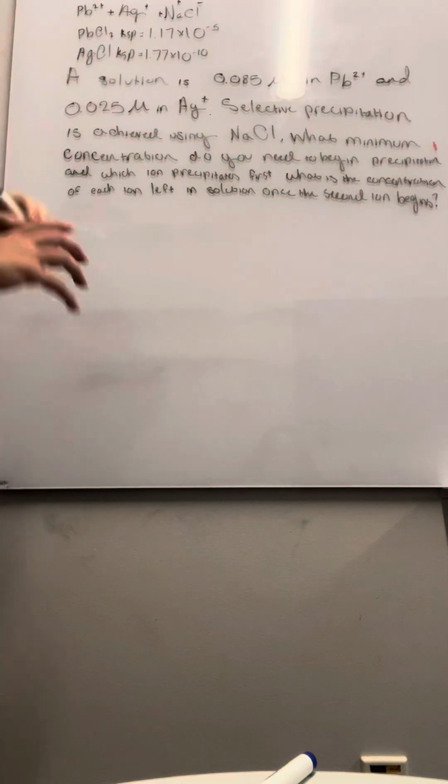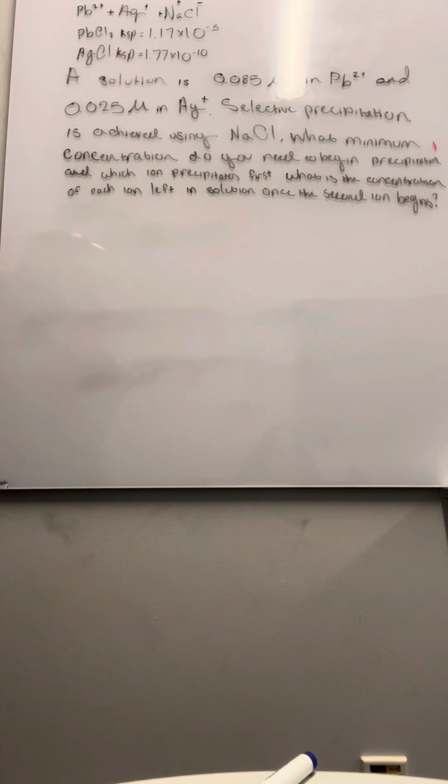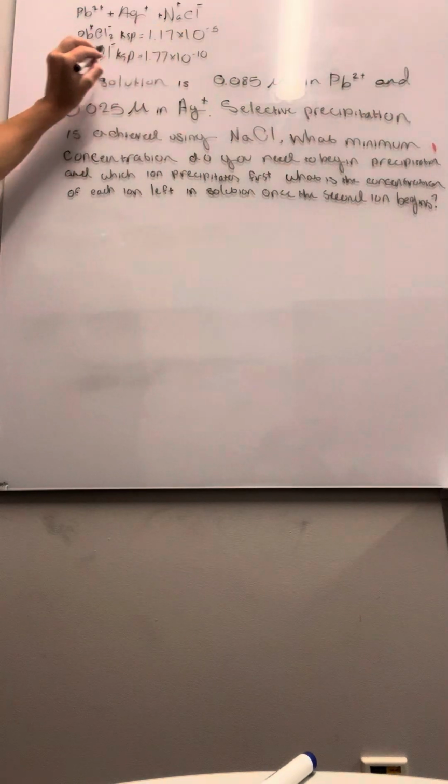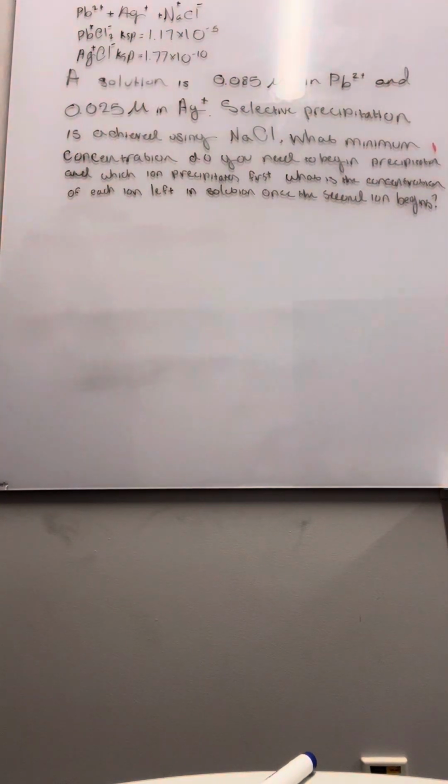I already wrote the KSPs, and you'll be given these, but here is PbCl2. Remember, this is positive, this is negative, and that's why they're paired. And then AgCl. This is 2 because this one has 2 positive ions, so this one needs to even out. So the KSP for this one is here, and the KSP for this one is here.